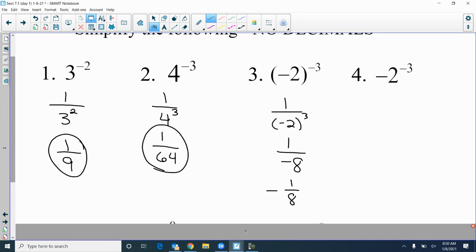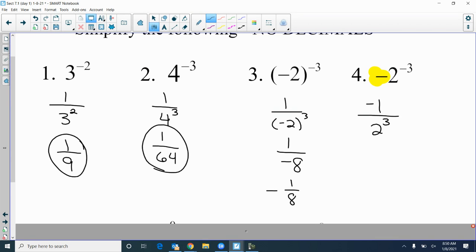All right, is the -2 in parentheses there for 4? No. The exponent is only on the 2. This negative is not affected by that power. So really, the 2 goes down below.